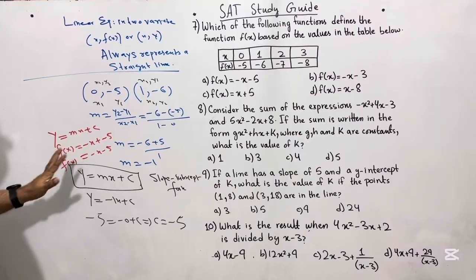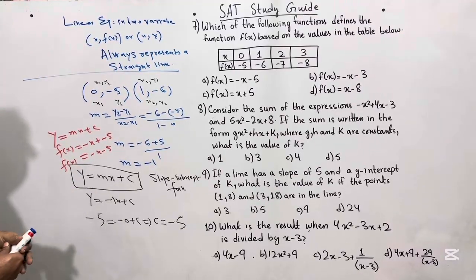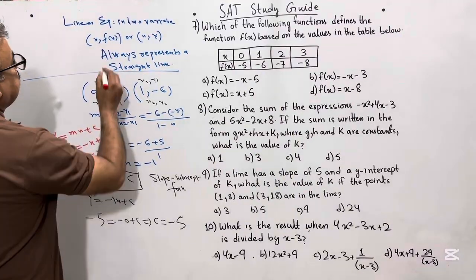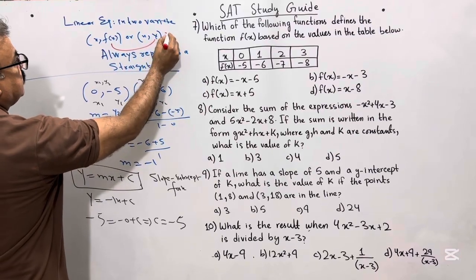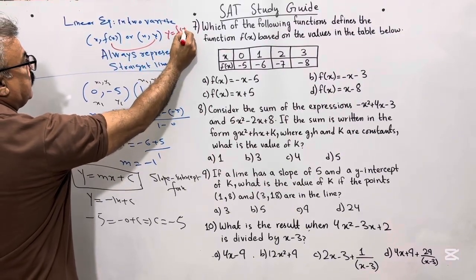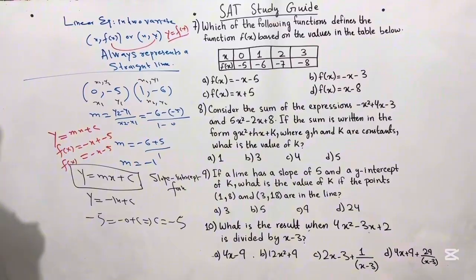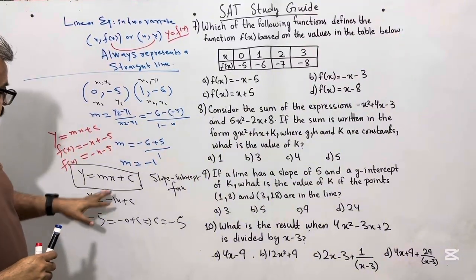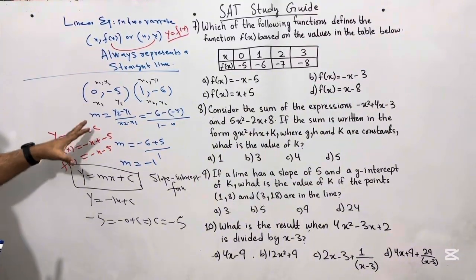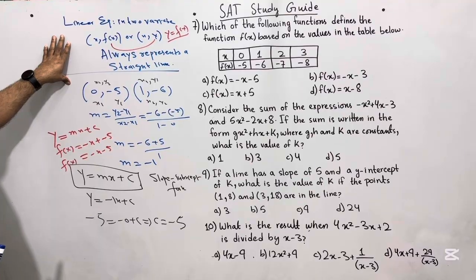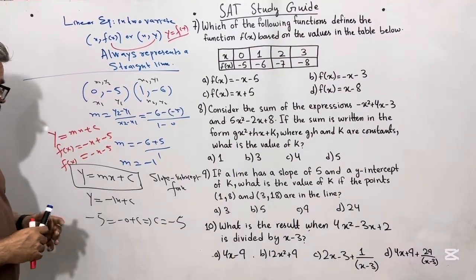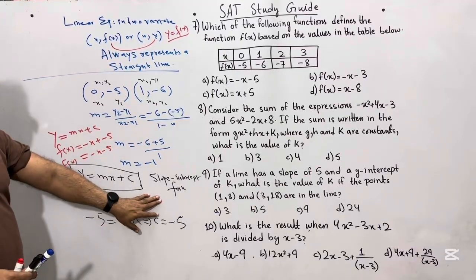Don't get confused: f of x and y are synonyms of each other. We mostly write y equals f of x. This is the way to write the equation of a straight line in two variables, and this form is known as slope-intercept form.